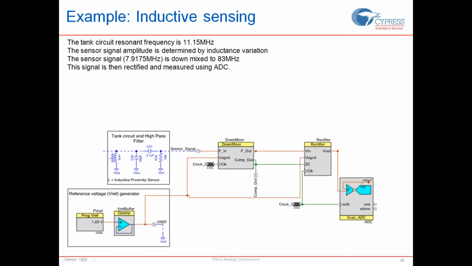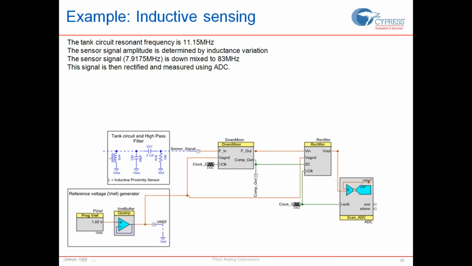So as I bring a metal object close to this inductor, it's going to send my resonant frequency to a higher frequency, and hence reduce the output amplitude coming out of this tank circuit.